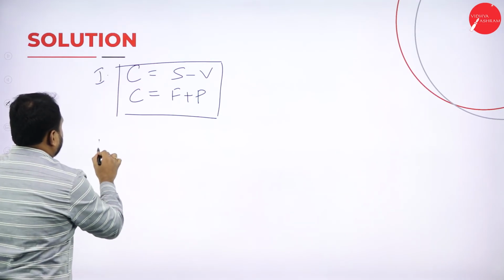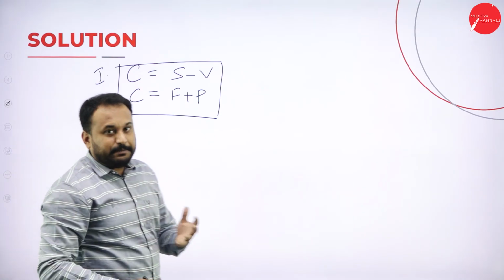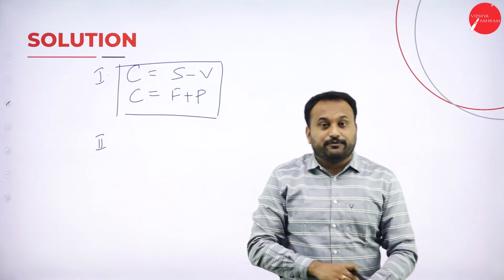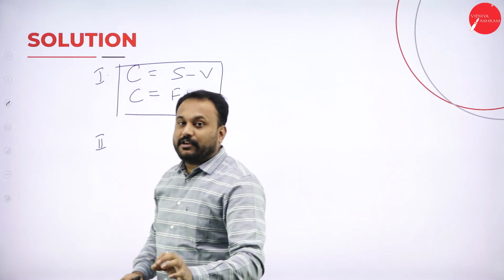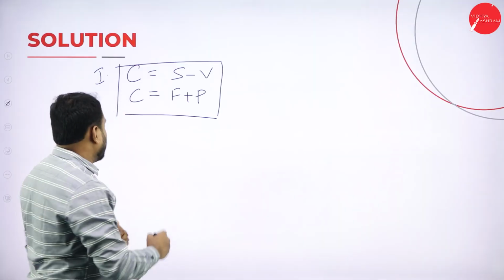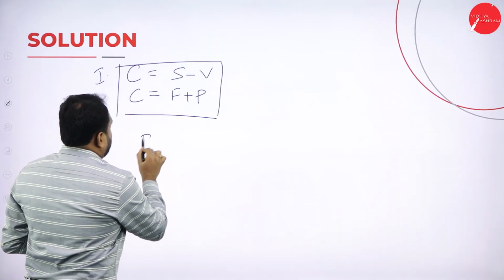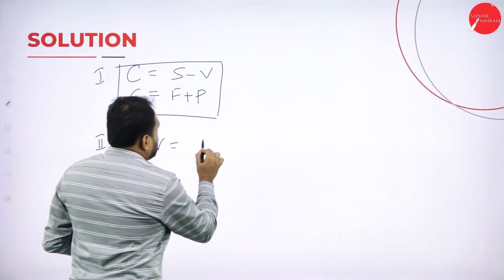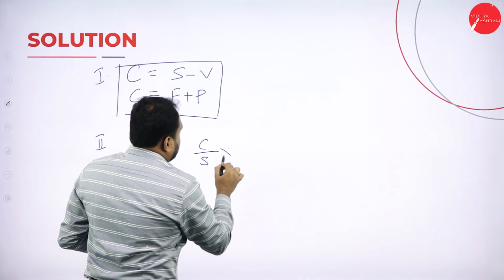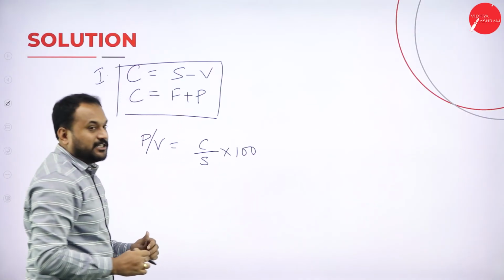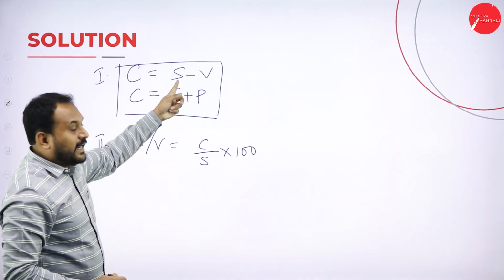Now the second one. Though BEP is what we are supposed to calculate, without calculating PV we can't calculate BEP. So the second one is PV is equal to C divided by S into 100. It's always the relation between the contribution and sales.